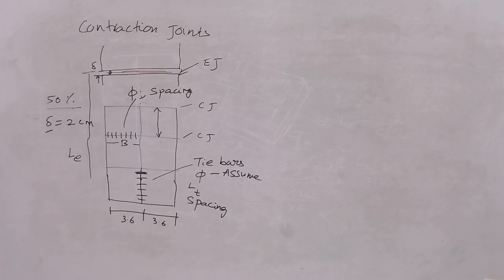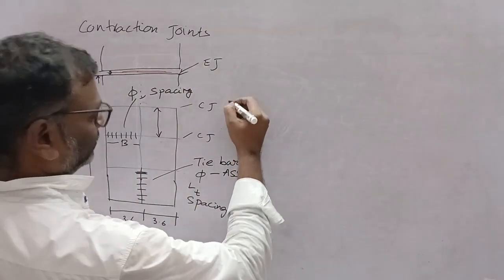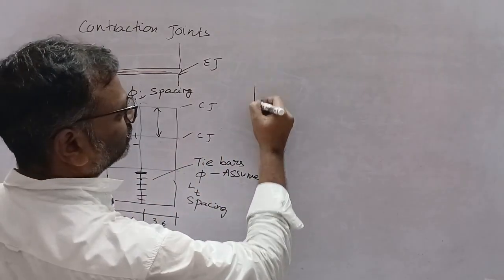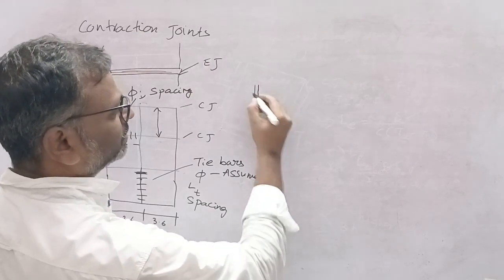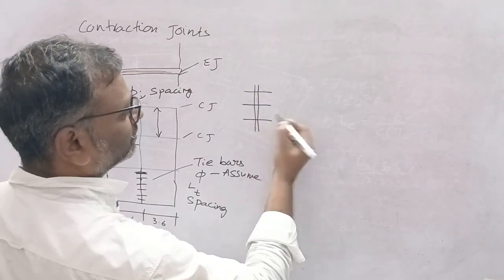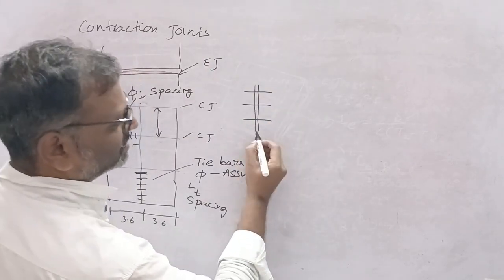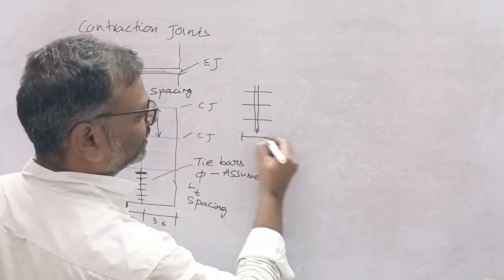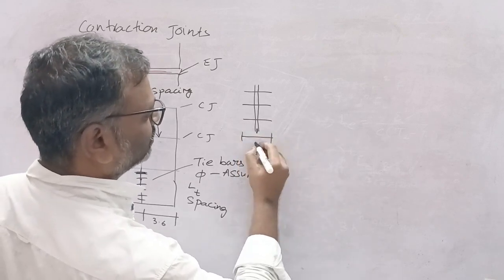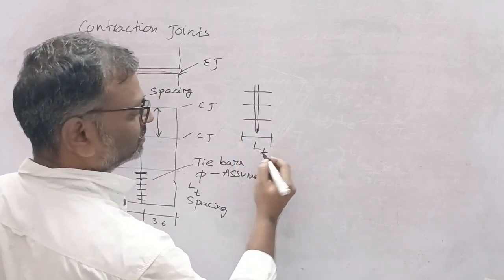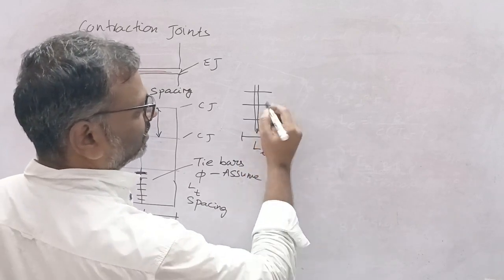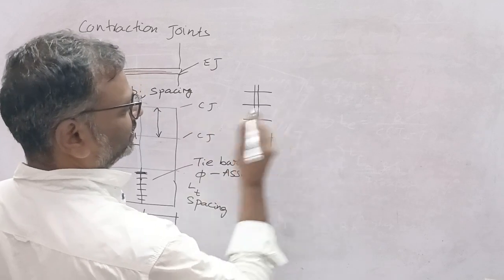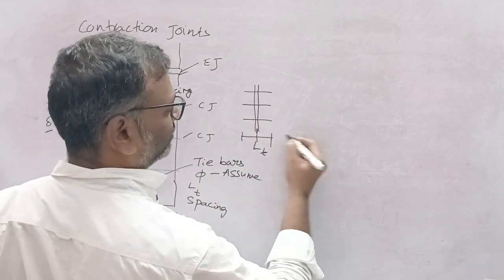Now suppose this is the longitudinal joint and here are the rods. Since this gap is very small, you can ignore that gap and take the length of rod as LT, that is length of tie bar, 50% here and 50% here. You have to consider LT by 2.